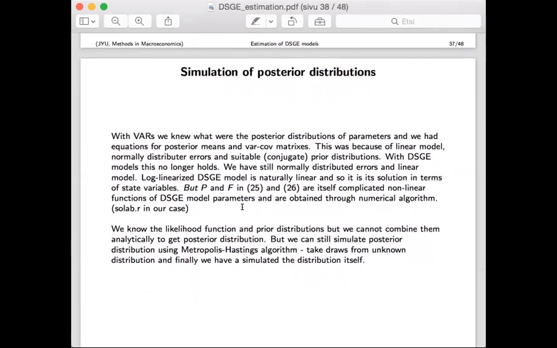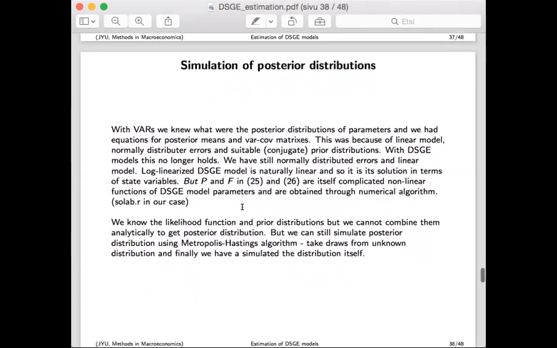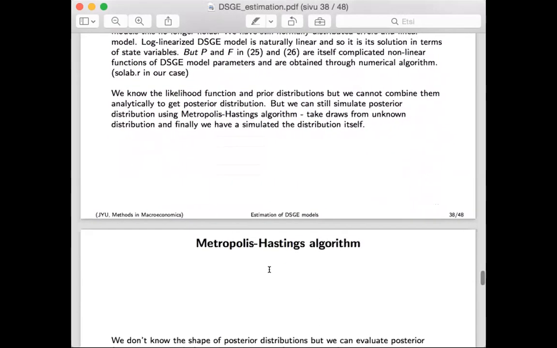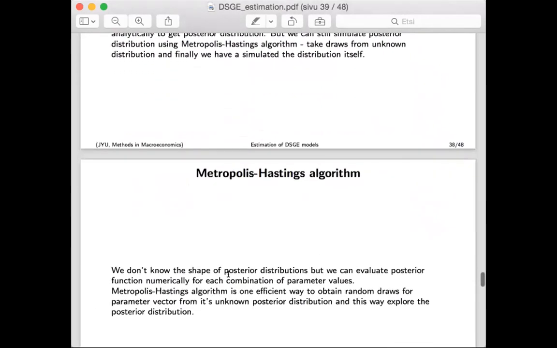And then we need to use an algorithm where we can simulate the distributions even though we don't know their shapes or parameters beforehand, or expressions for means and variances beforehand. We don't know the shape of posterior distributions, but we can evaluate numerically for each combination of parameter values.